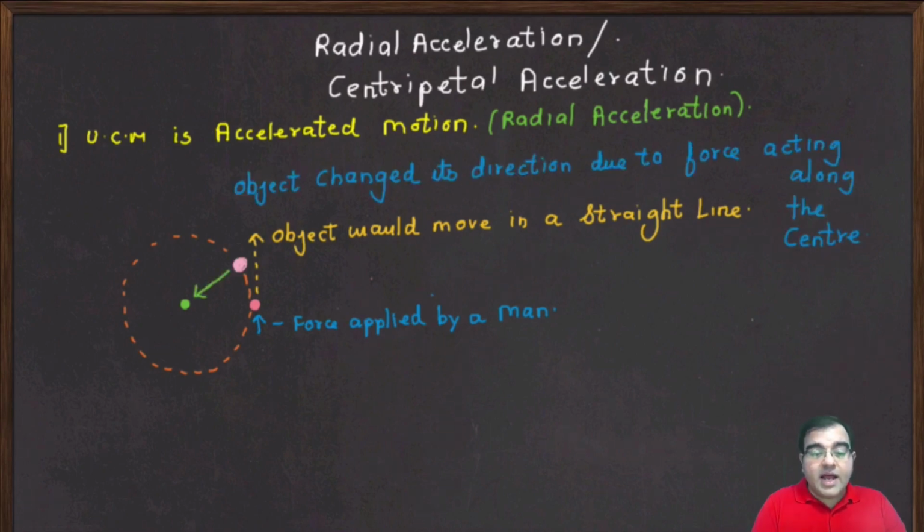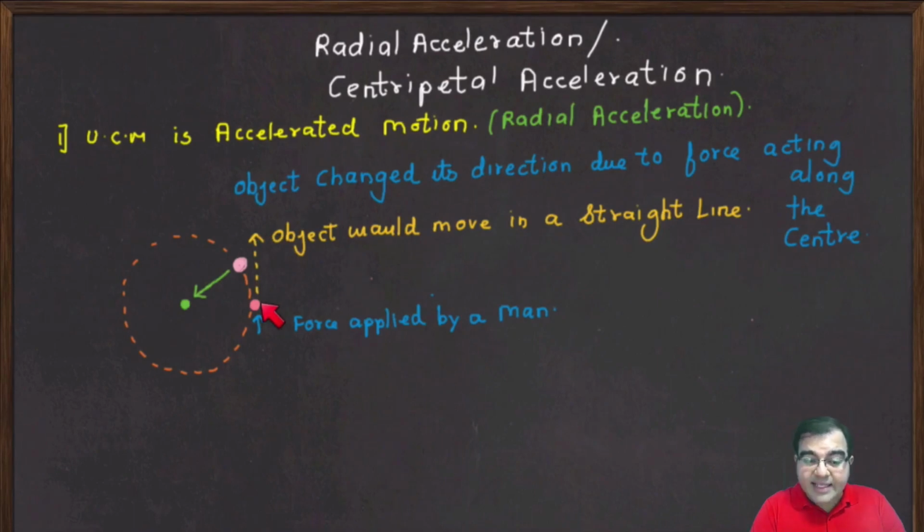But now, the object has changed its direction, the object has moved here. This is possible only when there is a force acting on the object along the center. When you pressed the accelerator, the object was expected to move in a straight line.